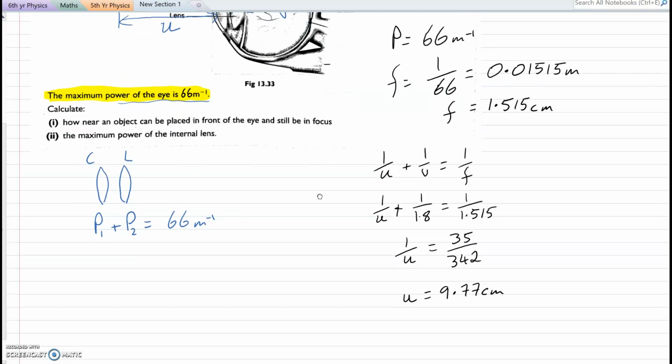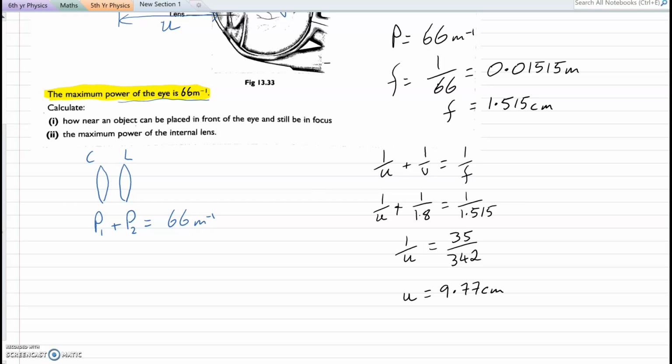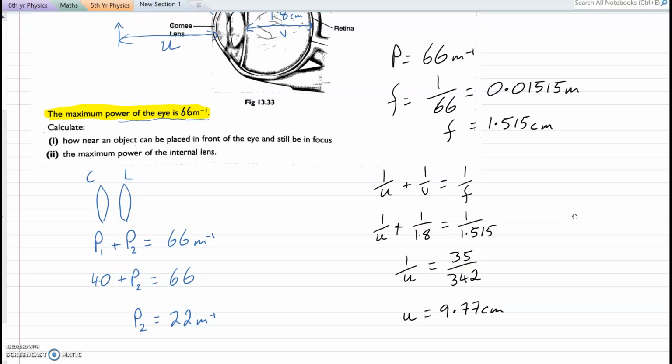So we know that P1 here is 40, plus the internal lens, we don't know the power of. You add that together and you get 66. So that gives you P2 then is going to be equal to 22 per meter. That's it. It's as simple as that.